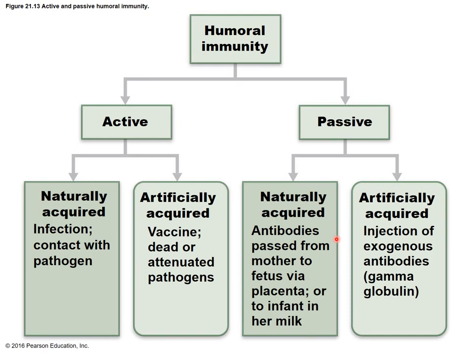Now, within a few months, the newborn's immune system starts working, and so they can start producing their own antibodies. But at this point, what happens? The mother is providing the antibodies to the infant. Artificially acquired passive immunity is when an individual is receiving antibodies that were produced by someone else, usually by injection. They will inject these purified antibodies, and this is once again going to provide protection right now. You don't produce your own antibodies.